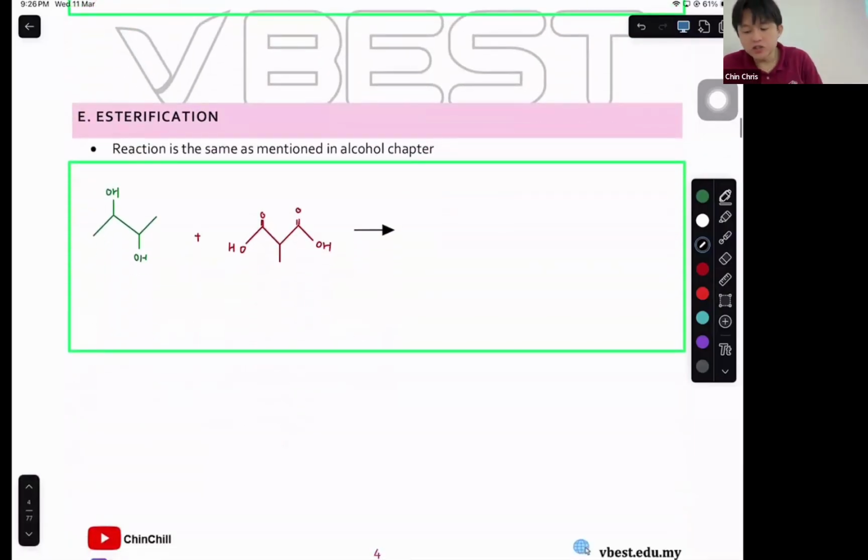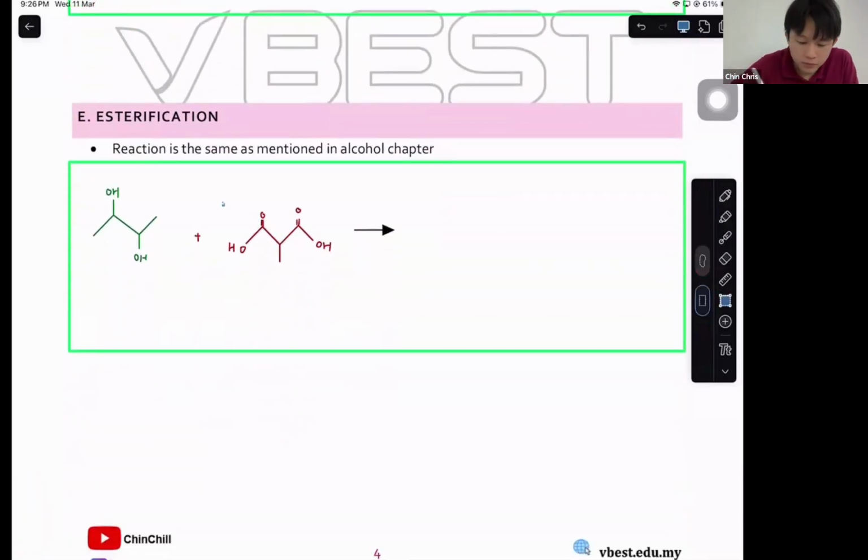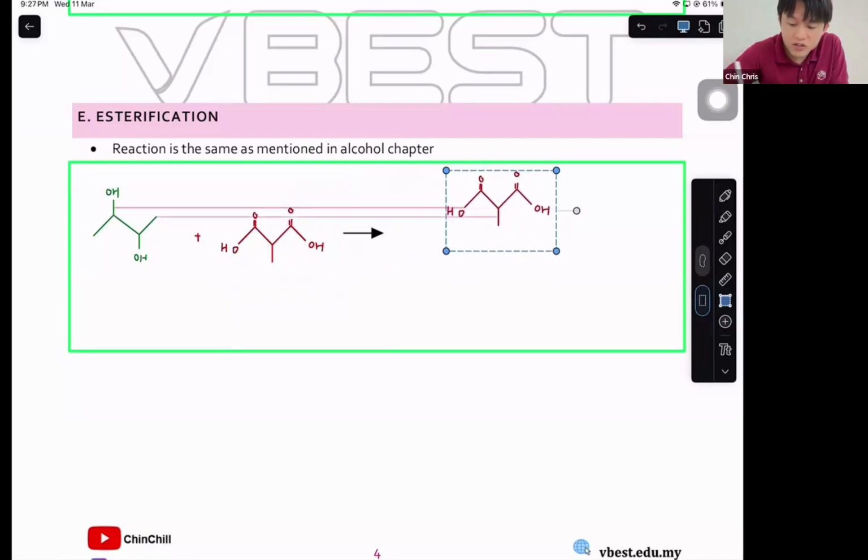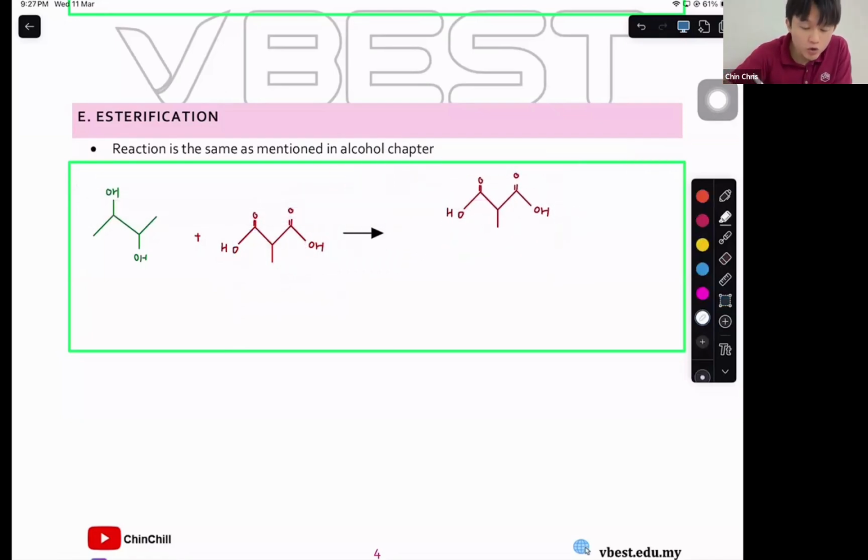Alright, guys, let's go. Can you see, right? I always remove OH from my carboxylic acid. I remove H from alcohol.